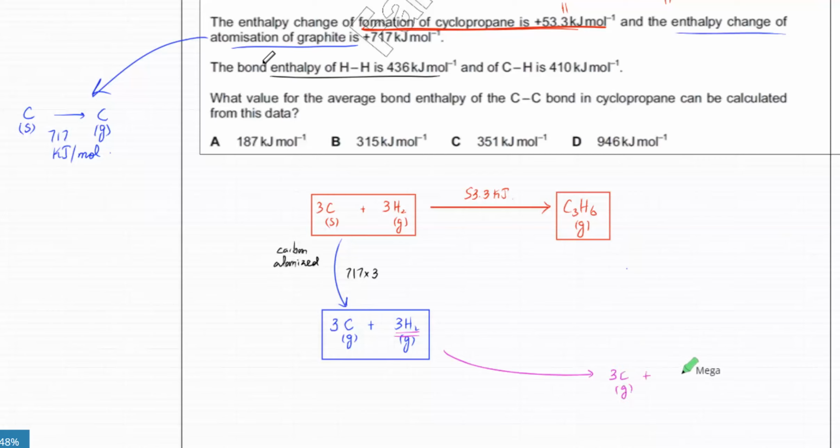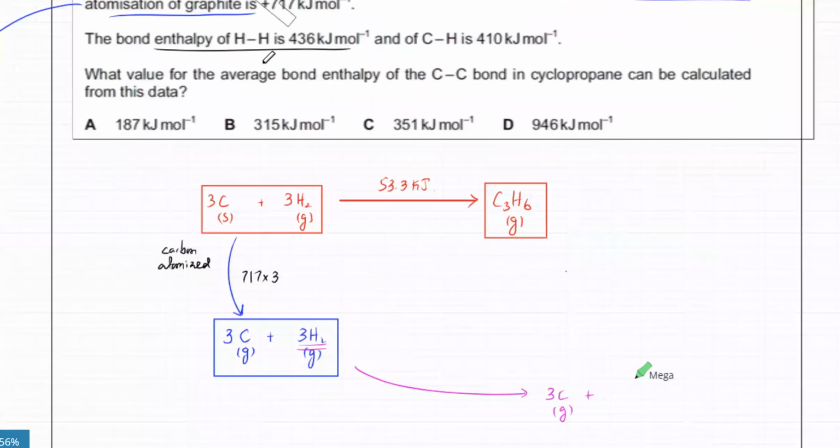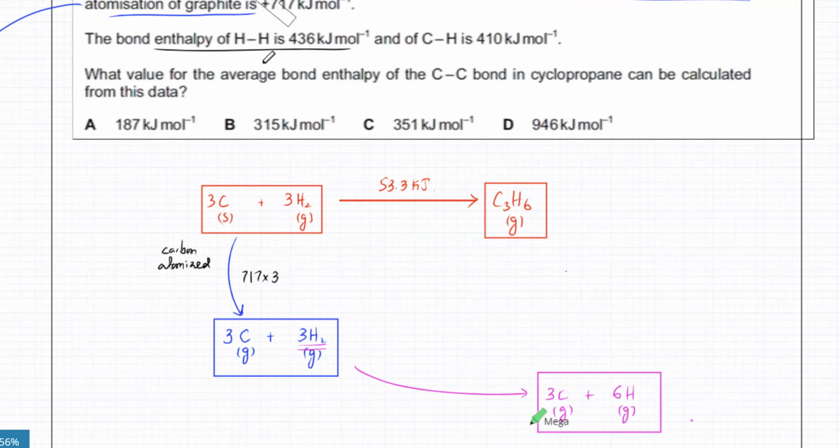I'm going to break the HH bonds, and I'm going to get 6 hydrogen gaseous atoms. So how many HH bonds did I break? I broke 3 of them. 3 HH bonds are broken.